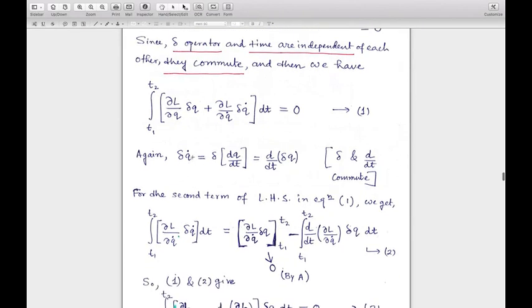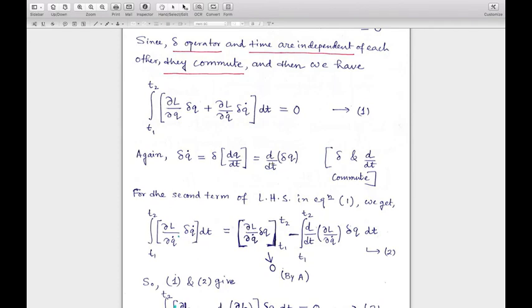Again we know delta q dot is equal to delta of dq/dt, and d/dt and delta commute with each other. That is simply because d/dt is the total time derivative, or total change with time, on a given specific trajectory.